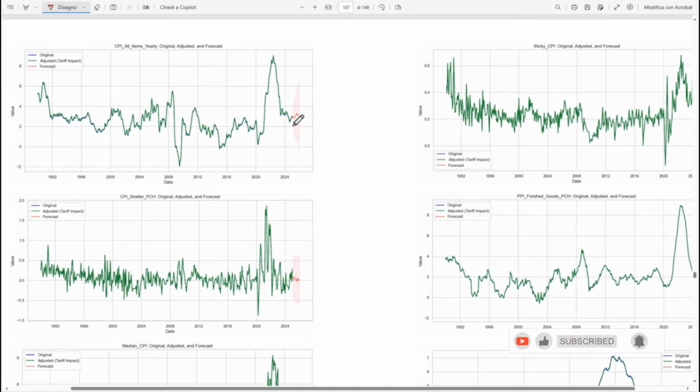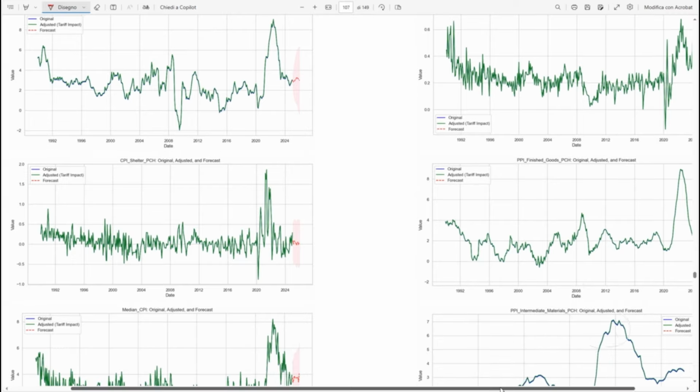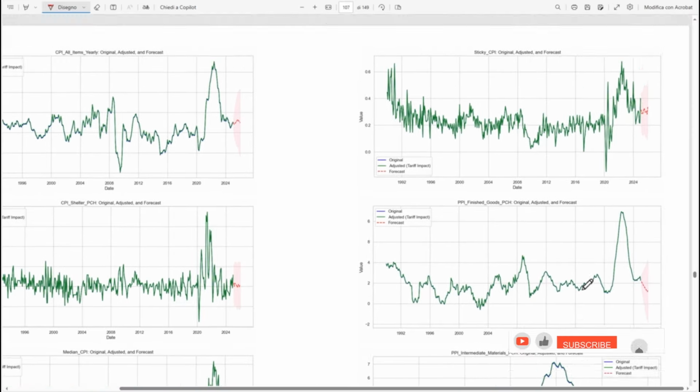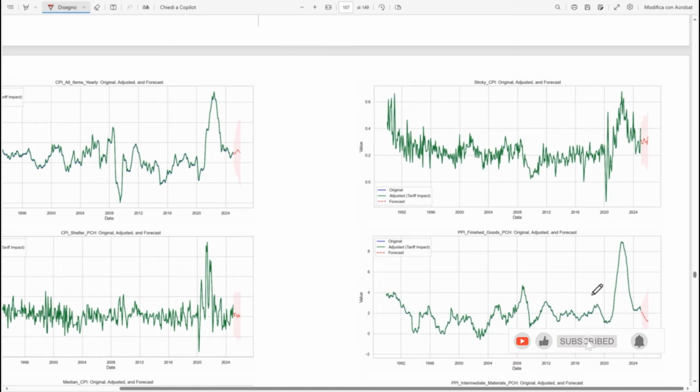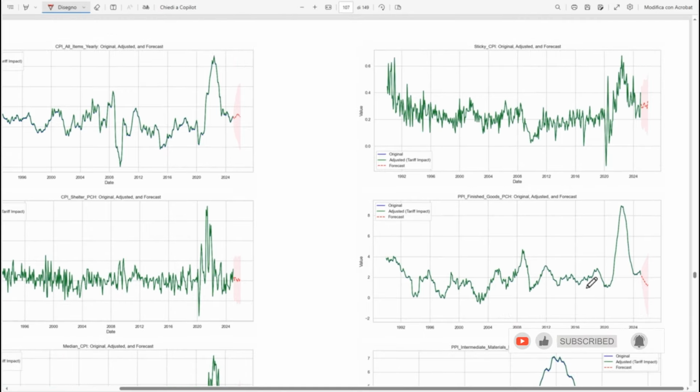So we can see here that CPI is forecast to have a small decline, but then to increase again in 2025 as time goes by.